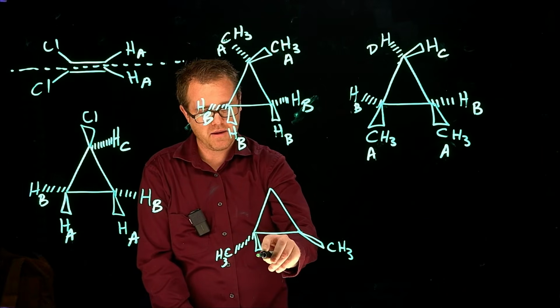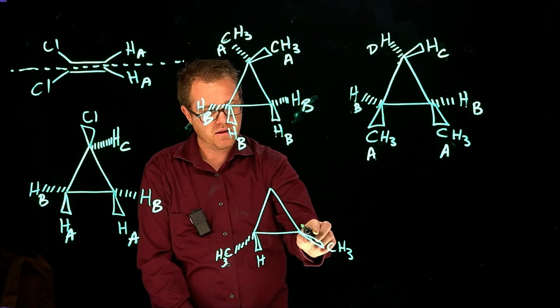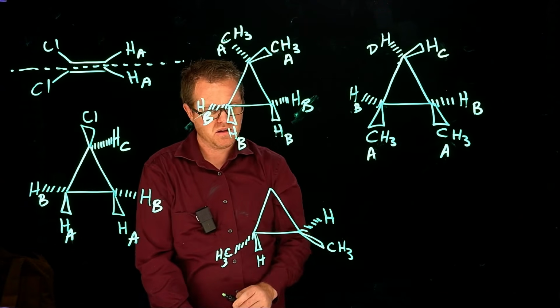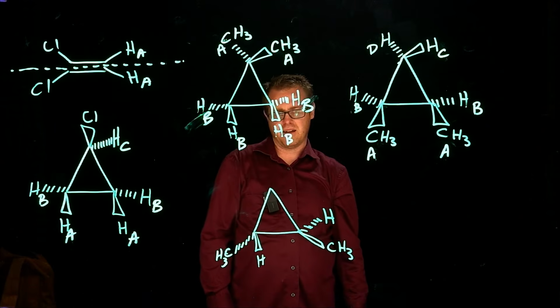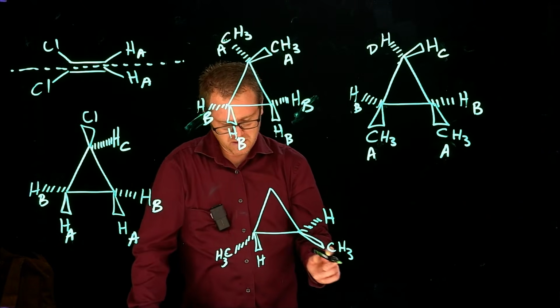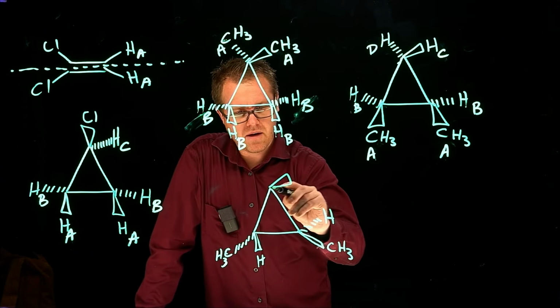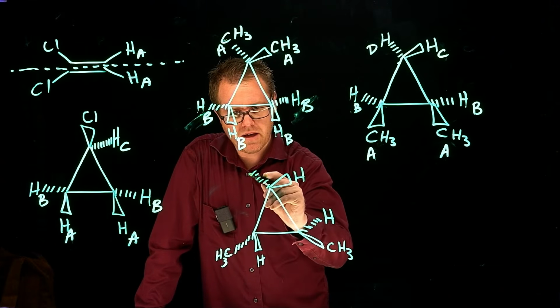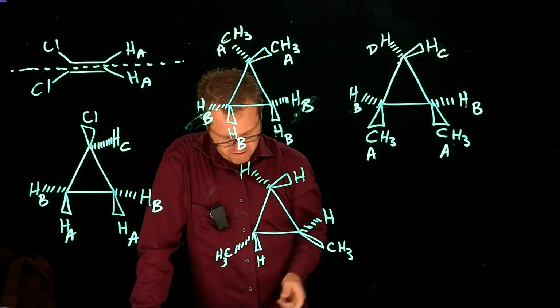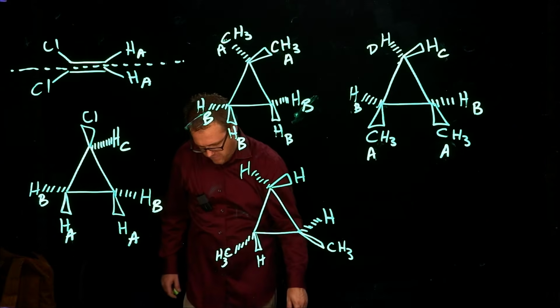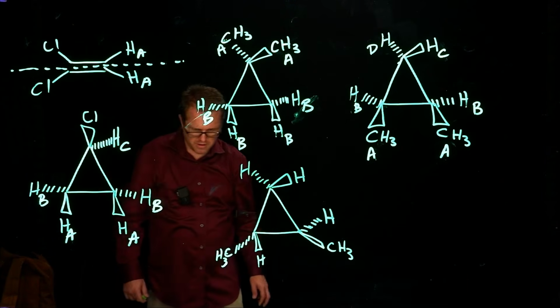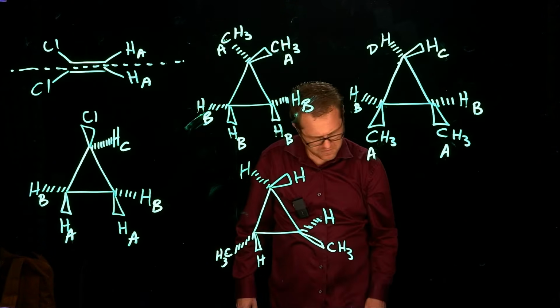And so we're going to have a hydrogen there and then a hydrogen there. I didn't draw that very nicely, did I? And then we would have our hydrogens here that we need to pay attention to, right there. Whoops. I dropped the marker, and now I can't seem to find it.